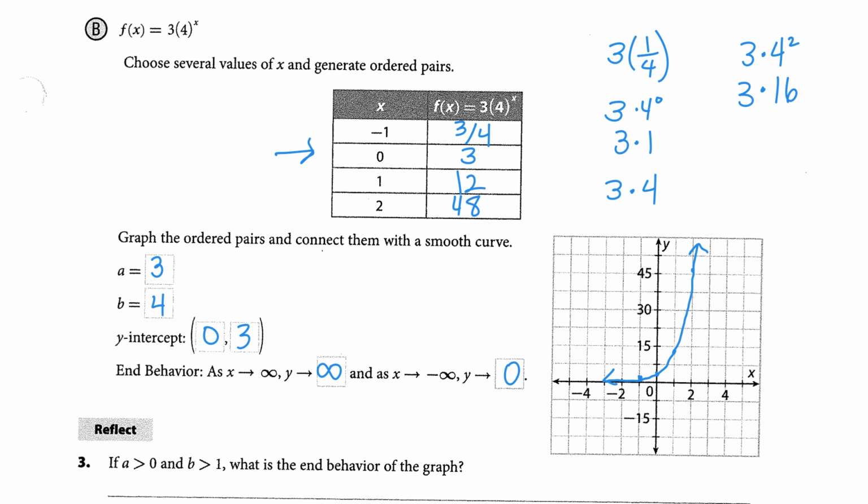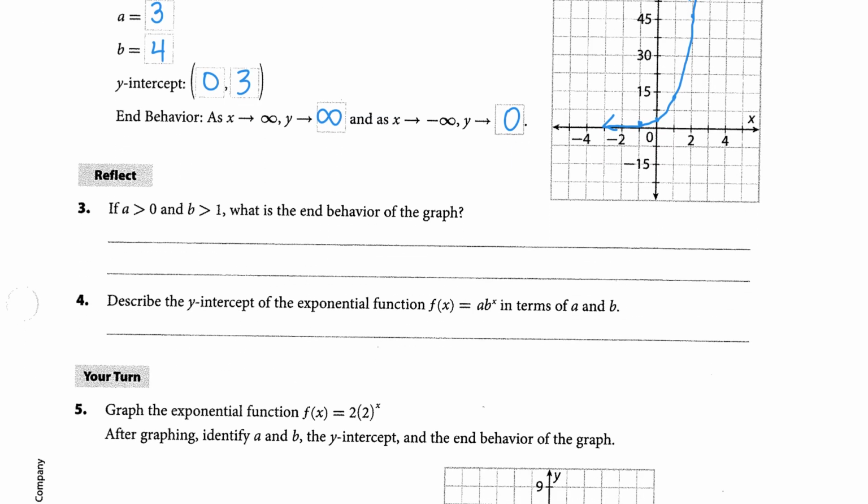If a is greater than 0 and b is greater than 1, what is the end behavior of the graph? As x approaches infinity, y approaches infinity, and as x approaches negative infinity to the left, y is approaching 0.